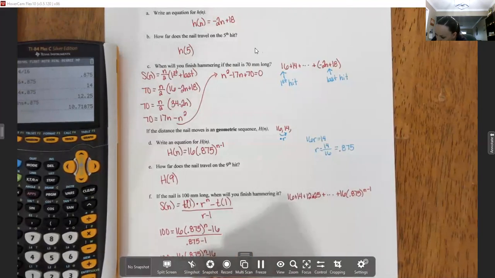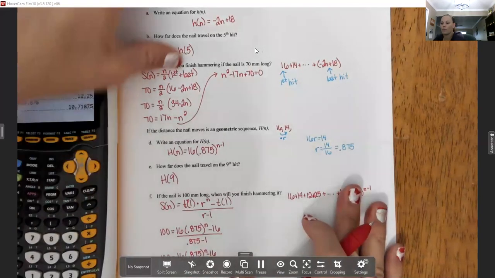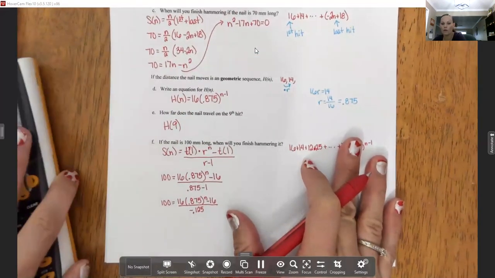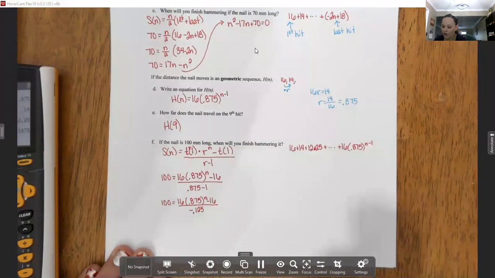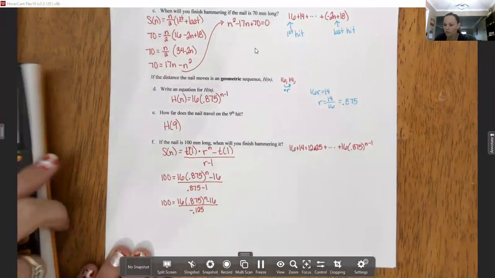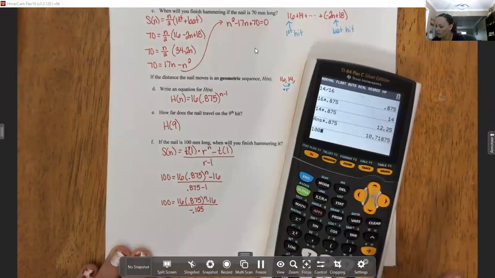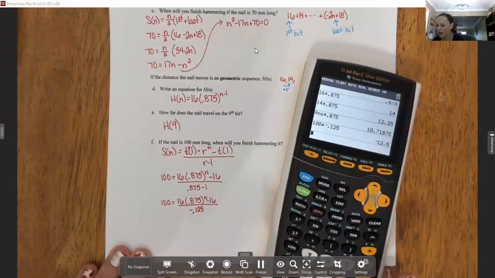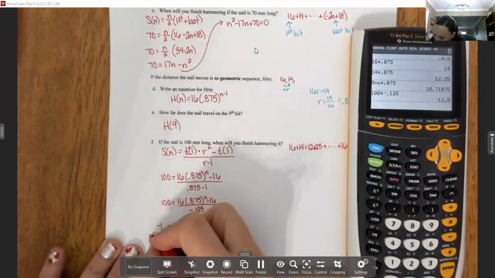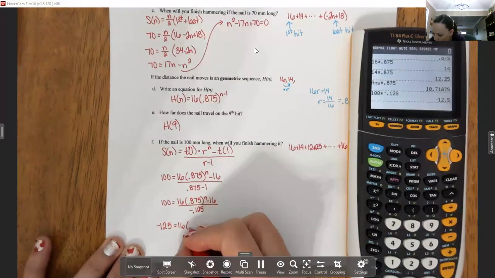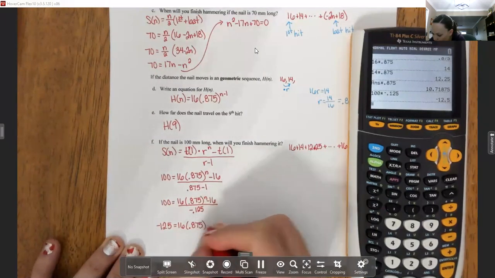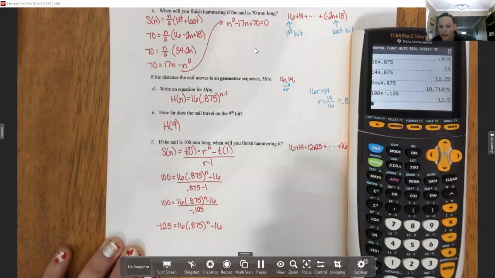So this right side has a denominator of negative 0.125. So if I multiply both sides by negative 0.125, so 100 times negative 0.125, I get negative 12.5. So this is negative 12.5 is equal to 16 times 0.875 to the power of n minus 16.